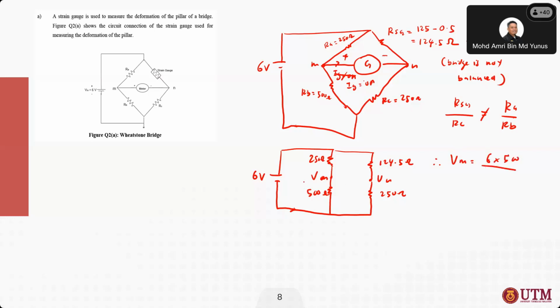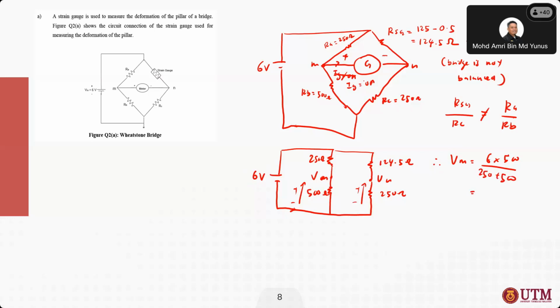VM is here, and VN is here. We use the voltage divider. So VM is the DC power 6 multiplied with 500 divided by the total series value, 250 plus 500.